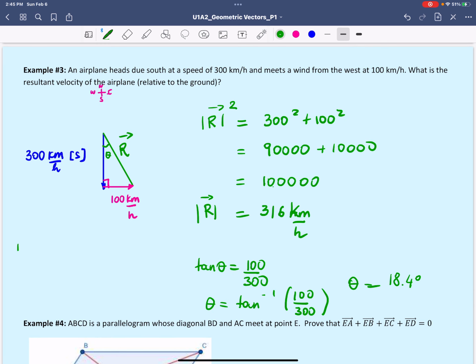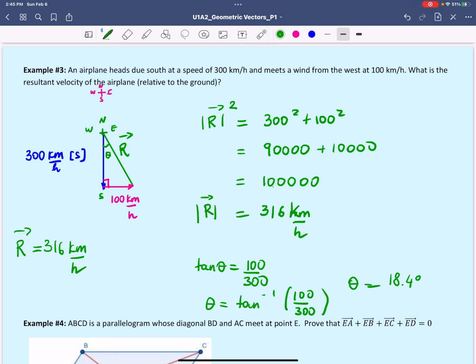So we'll say that the resultant velocity R equals 316 kilometers an hour. And we can either use bearings, or we can describe the velocity's direction based on the compass. So this would be south, and this would be north, and then east, and then west.